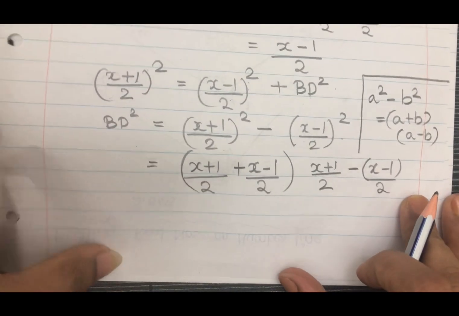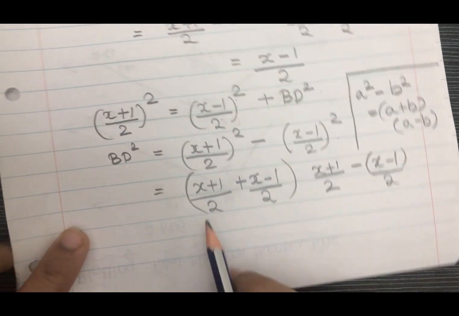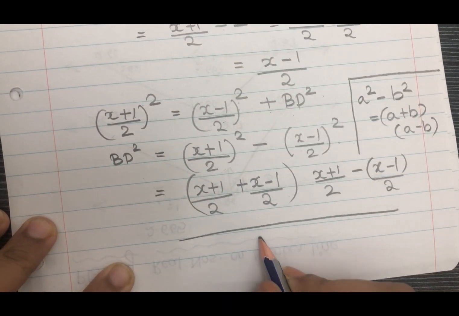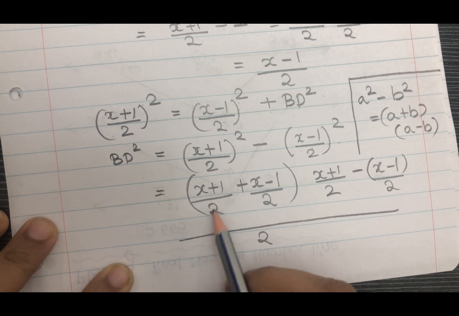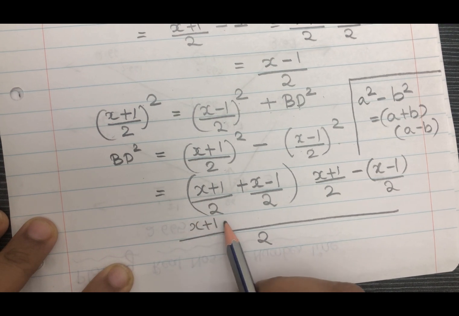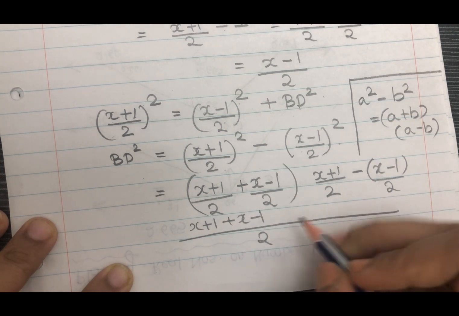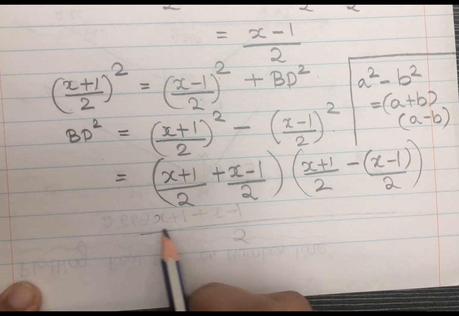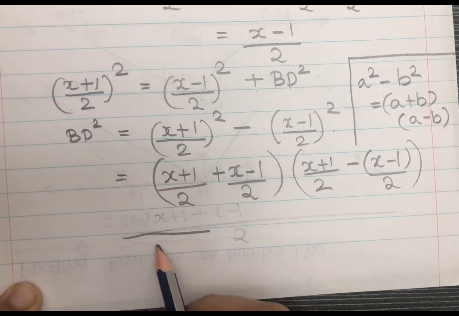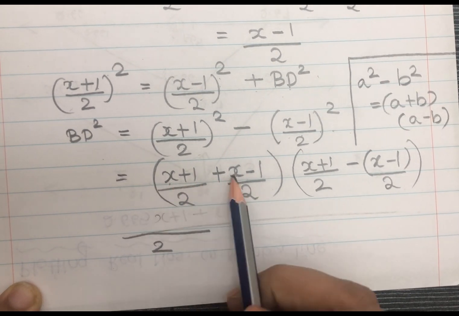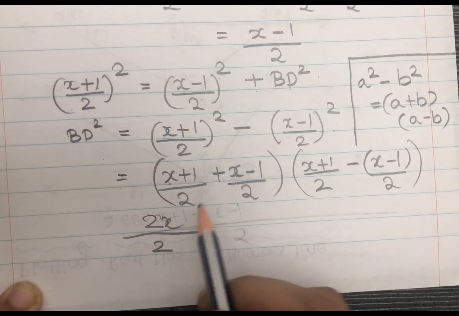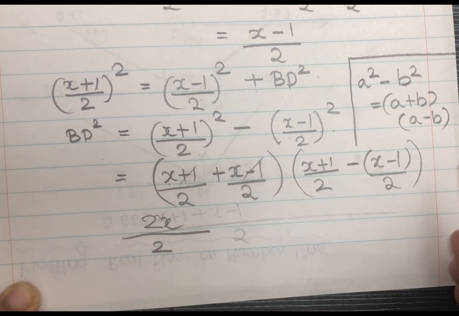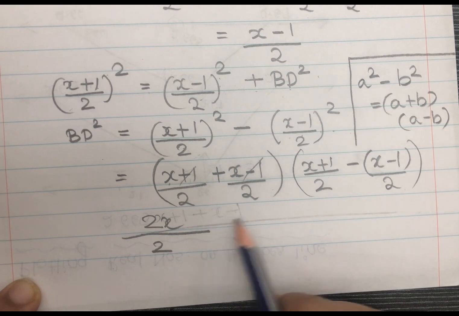These all have the same denominator, right? We'll put 2 upon (x plus 1 plus x minus 1). Okay, so now we have the first term. We'll take 2x, and this cancels, right? So we have 2x by 2 into what?